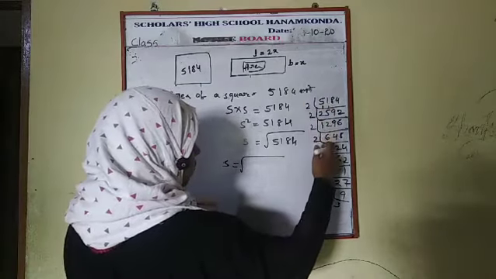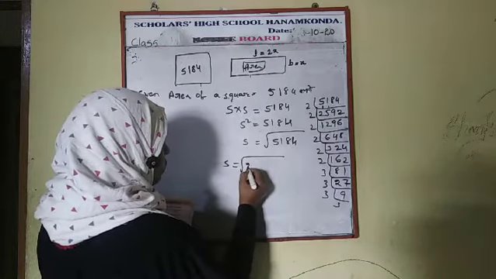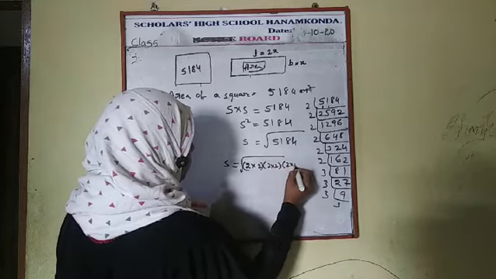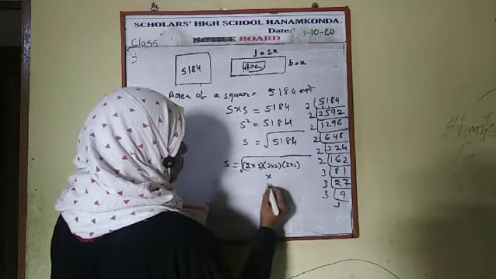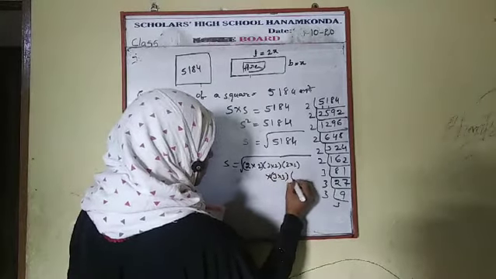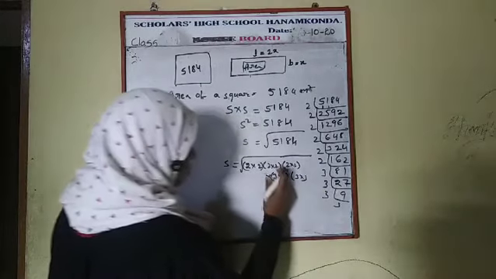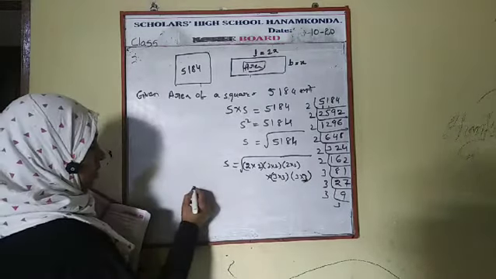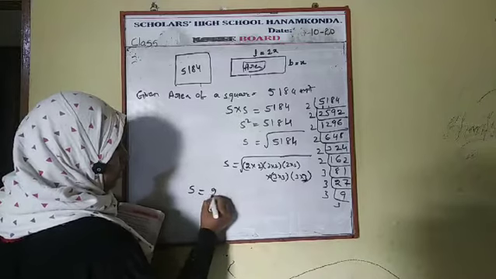So S is equal to: 2 into 2, 2 into 2 and 2 into 2, 6 times, into 3 into 3, and 3 into 3 and 3 into 3. This total is written under the square root. Now S is equal to: one pair, one we get outside.